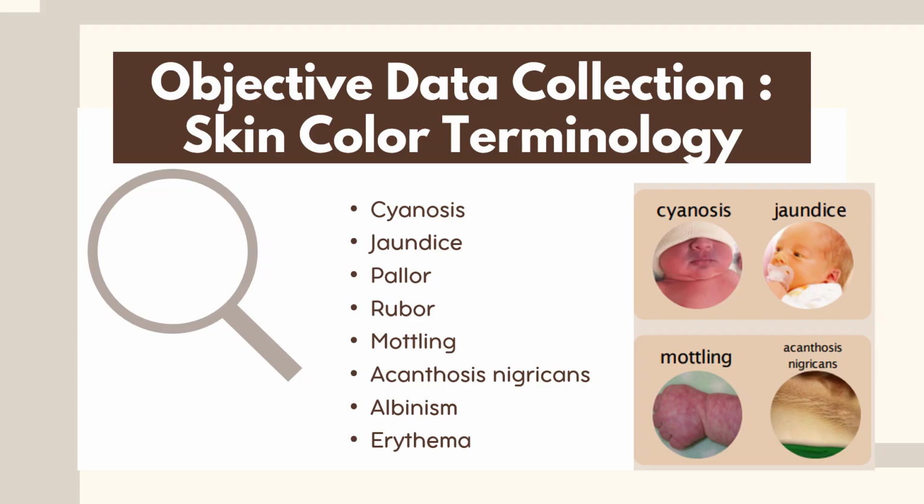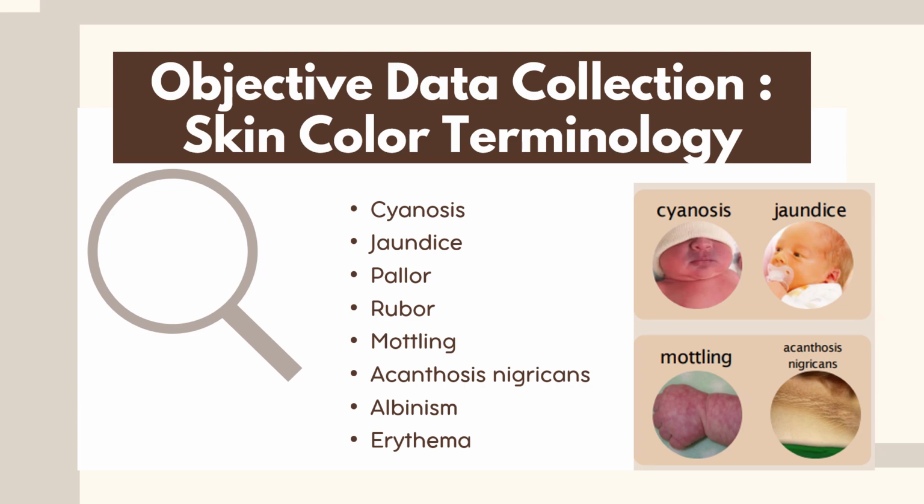Then you have jaundice. Jaundice is that yellowing of the skin, the sclera around the eyes, and mucous membranes. That typically indicates an elevated bilirubin, and that's due to liver disease, hemolysis, or maybe a bile duct obstruction. Then you want to look at pallor. That is pale or ashen colored skin, may indicate anemia, blood loss, decreased perfusion.